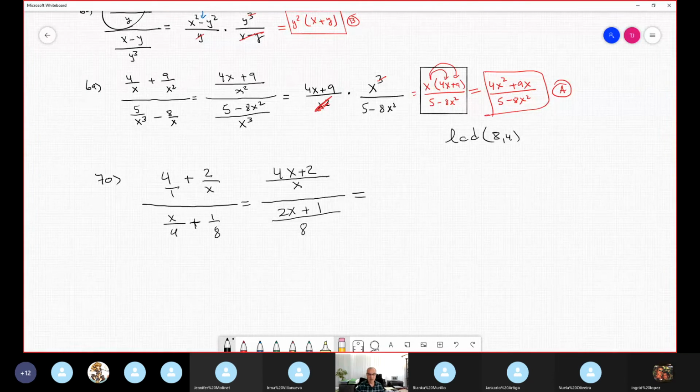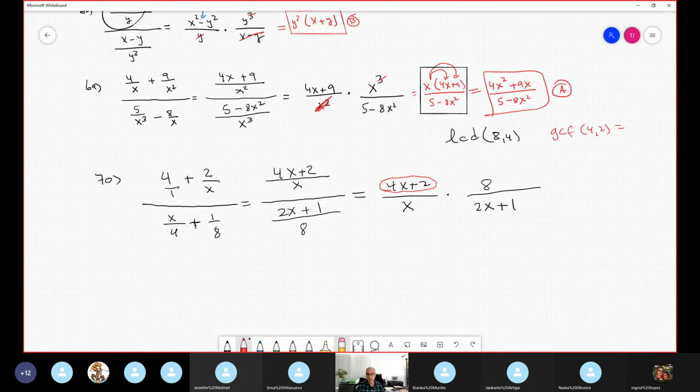Ready to apply the complex principle. You copy the top part exactly the same, times, flip the bottom. Leave it like that? No. Why not? Because I can see here we have a common factor, which is 2. The greatest common factor between 4 and 2 is obviously 2, right?